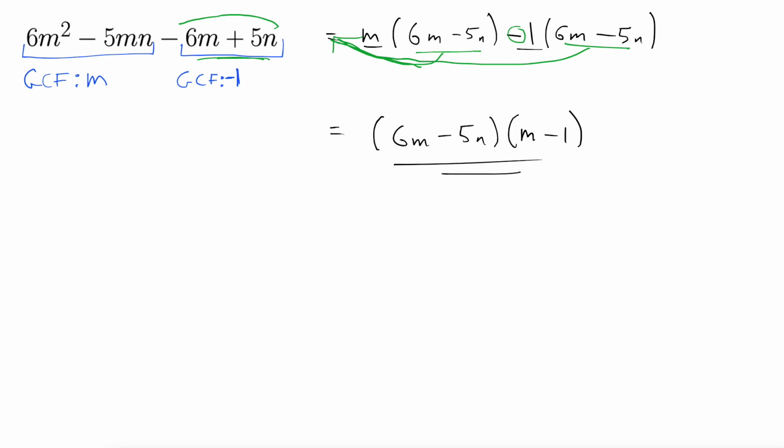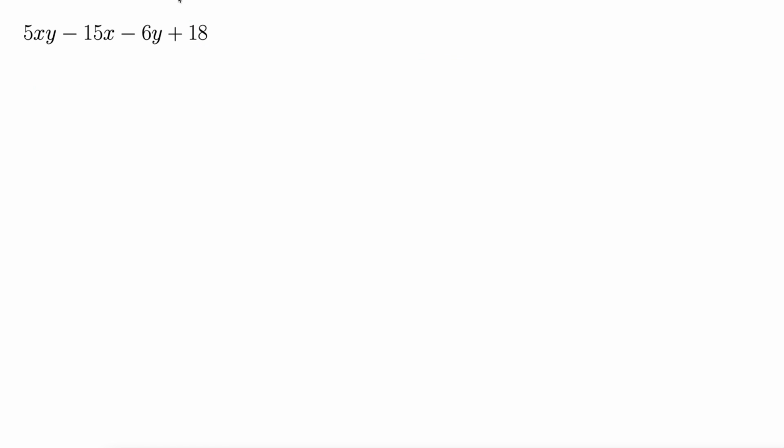Let's try another one. So here we have 5xy minus 15x minus 6y plus 18. All right, let's go in with the grouping here. First two, last two. Let's look at the first two here.